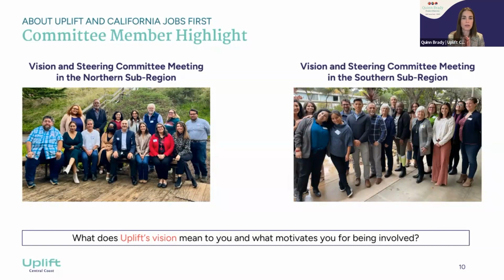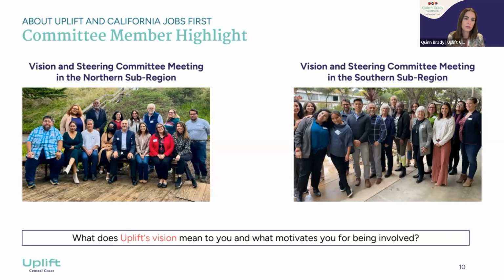And I do just want to clarify or remind that what Kathy mentioned, CERF, California Economic Resilience Fund, is where the funding initially came from with the state, the state programming. The state just rebranded that work to be called California Jobs First. So that is the program that we are partnering with at the state level to bring this work forward.